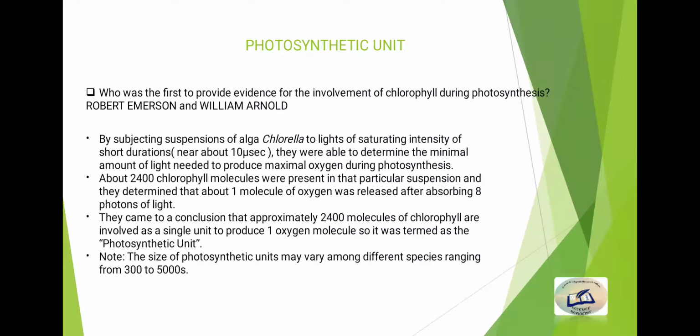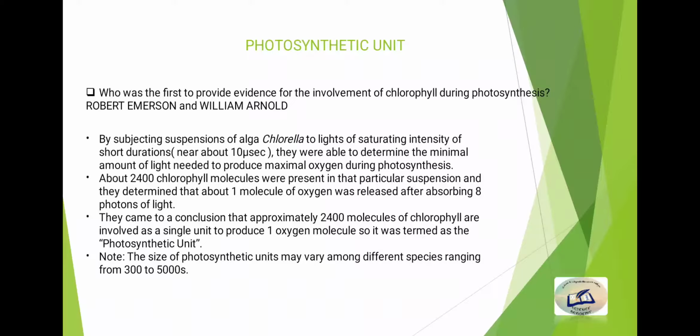Now, what did they do in the experiment? They started the experiment on a certain suspension of the alga Chlorella. They subjected these suspensions to light of saturating intensity for a very short duration, might be 5 to 10 microseconds, okay?